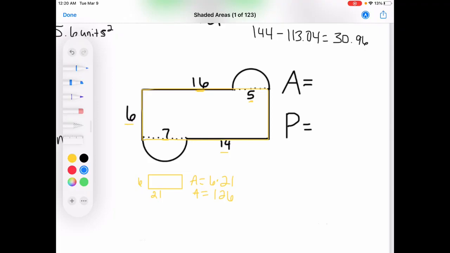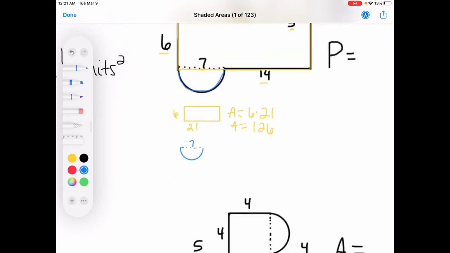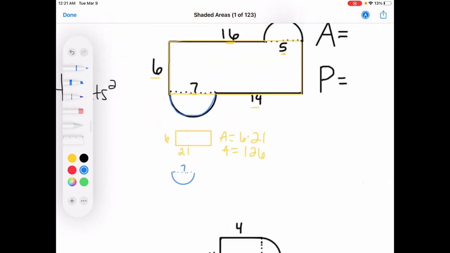And then I have my semicircles. So I have one here. So I have my semicircle that is 7 units wide. So that tells me the diameter is 7. So I would want to find the area of a circle and then divide that by 2.